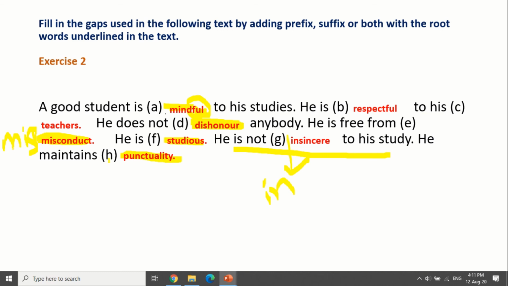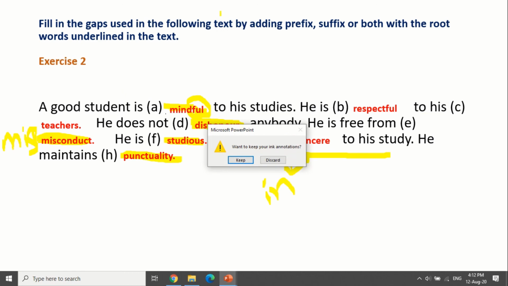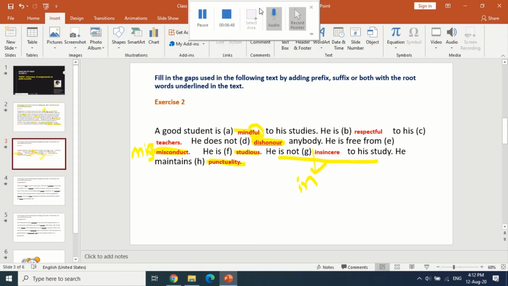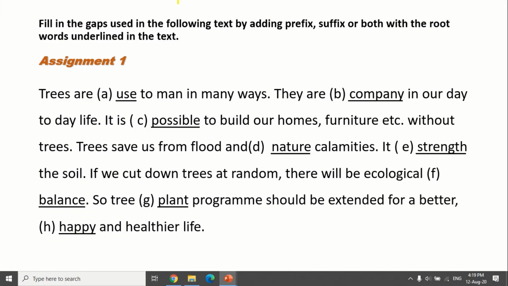So what will we do now? I am going to assign you 2 assignments on suffixes and prefixes. So let us see what are those assignments, right? Well, here is your assignment, right? You will get 2 assignments.